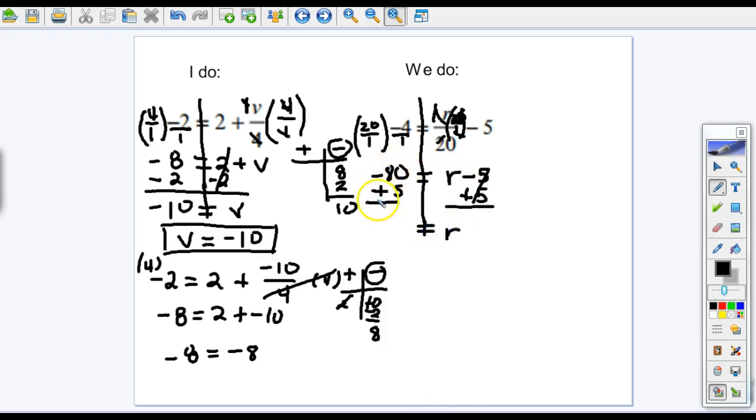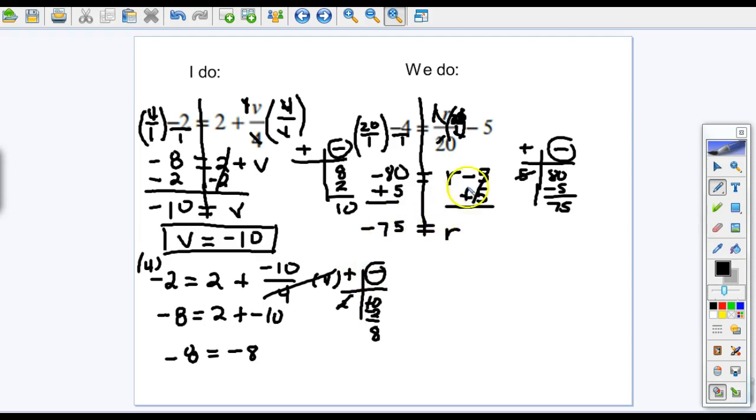And I have 80 and 5, so if I'm using my column method over here, 5 is positive, 80 is negative. I'm going to subtract it from 80. This gives me 75 in the negative column, so my answer is negative 75.